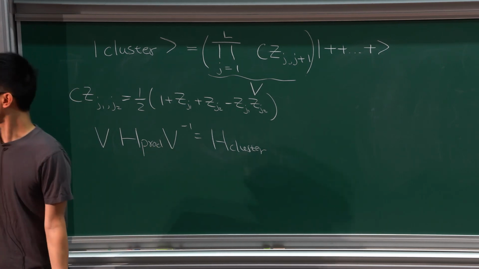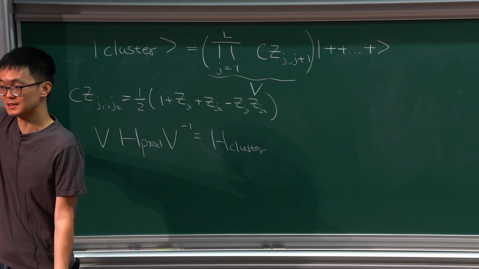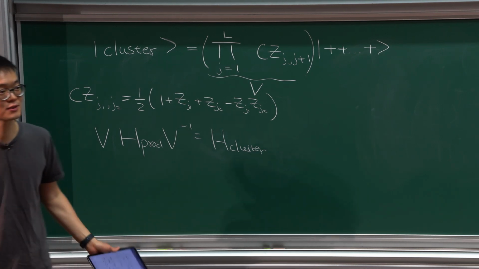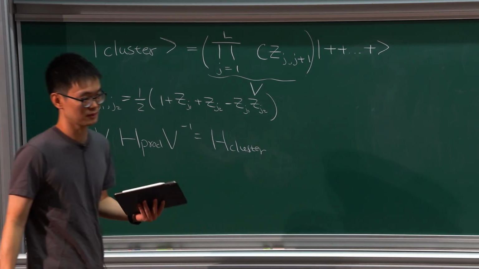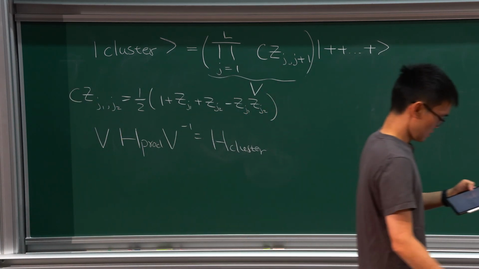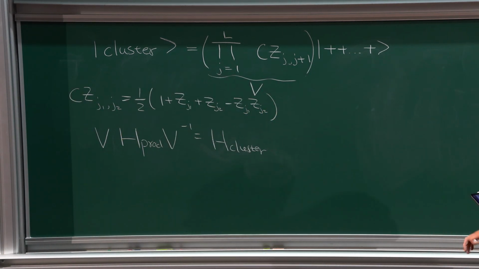So it's not a mystery at all that you have the exact same spectrum, because the two Hamiltonians are unitarily equivalent. Okay, so if you don't care about any symmetries at all, the product state and the cluster state are the same trivially gapped phase. There's no point in splitting hairs.